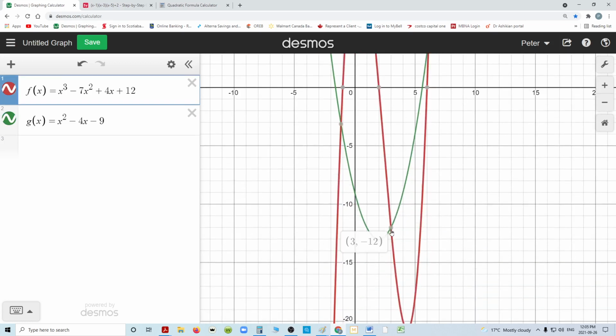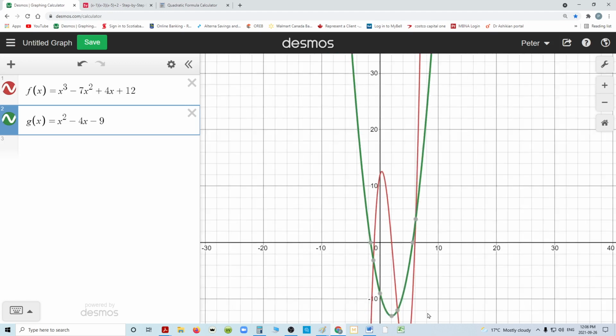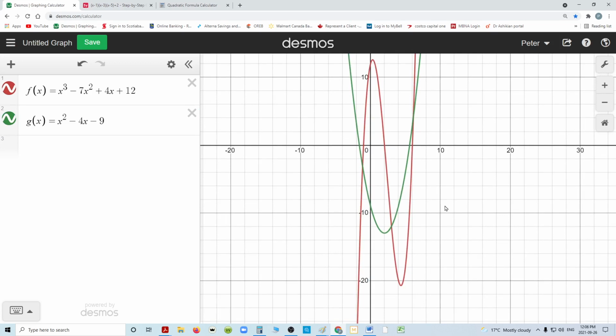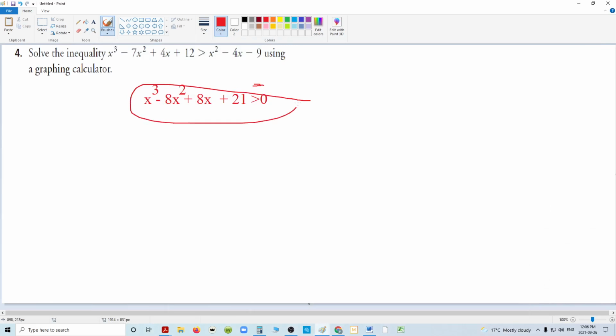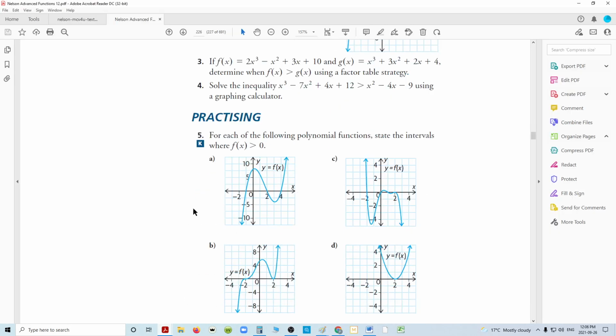That's also when the cross point, that's when the green gets above. And there's our other cross point when the red gets above again. And the only clean point is here at 3. But visually, it's a little bit harder to see where that happens. It's a lot easier to solve it. And if they let you use a graphing calculator, even easier. Okay.